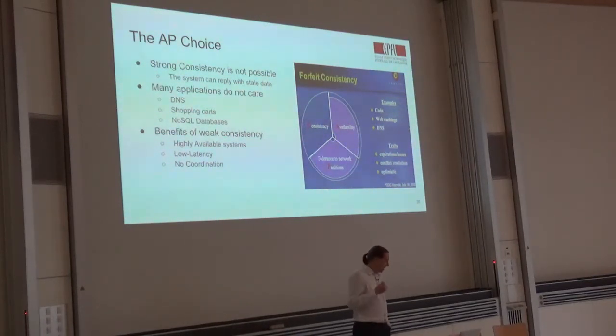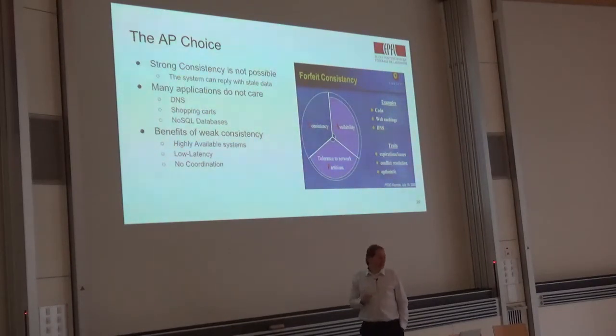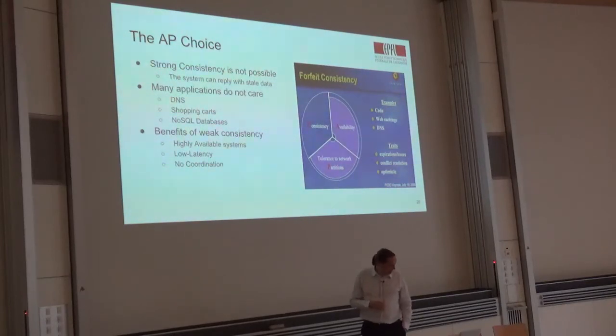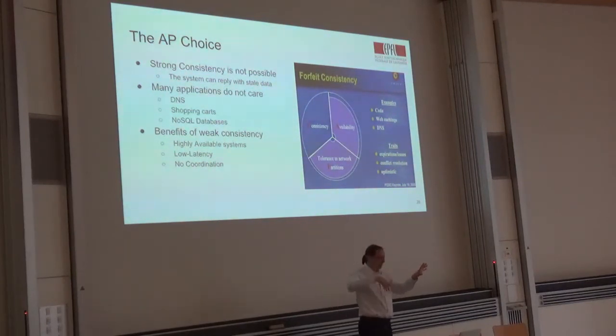So let's look at the choice if you choose to give up strong consistency. That's one of the common trade-offs that we make. If we're willing to live with weaker consistency, such as eventual consistency or causal consistency, there are various weaker consistency models, then we're saying that we have these two or more nodes in different parts of the system that might be partitioned. The availability property means that we want all of them to be responsive.